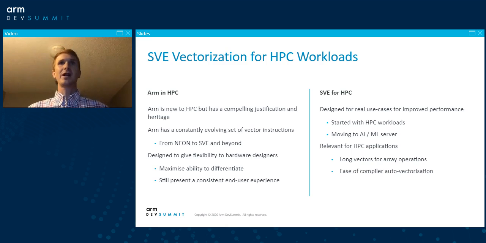So in conclusion, we've shown you SVE, we've shown you how it's implemented in the A64FX, and we've introduced the Fujitsu compiler for programming SVE on the A64FX, which in my opinion is probably the best software environment you can get for the chip. ARM is definitely new to HPC, but we're gaining a lot of momentum in the space, in part because of intellectual property like SVE being designed from first principles to address problems in that space.